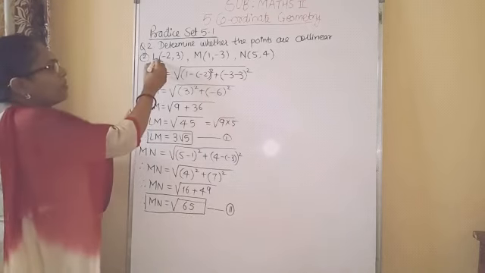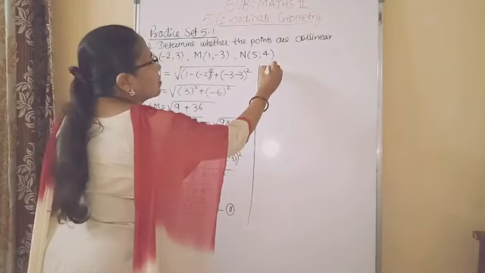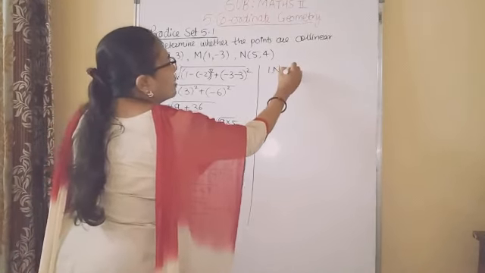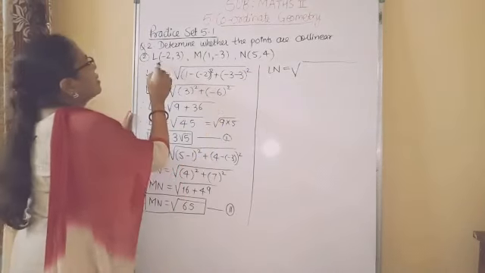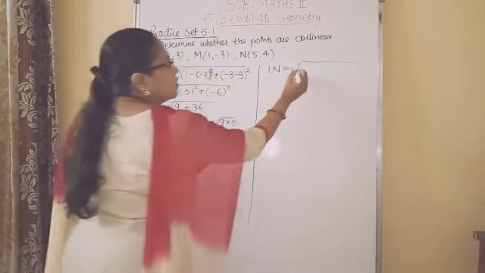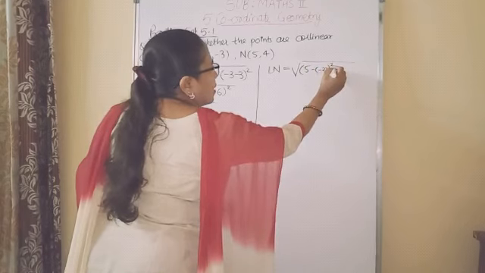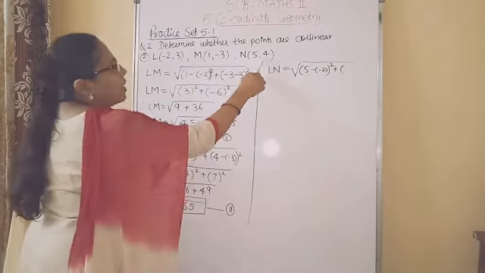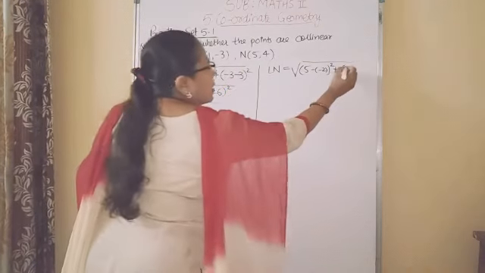Now we will find out LN. LN is equal to square root of x2 minus x1, means 5 minus 2, 5 minus 2 square, plus y2 minus y1, 4 minus 3 square.